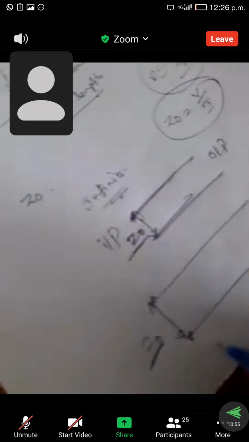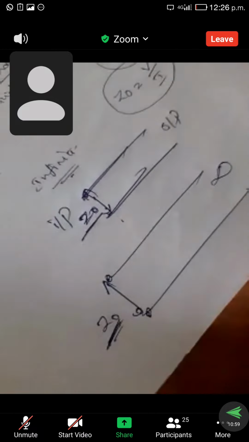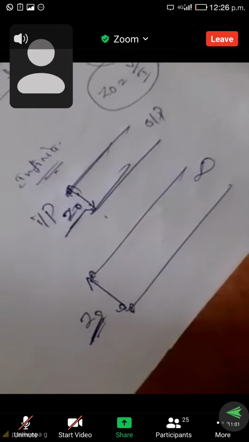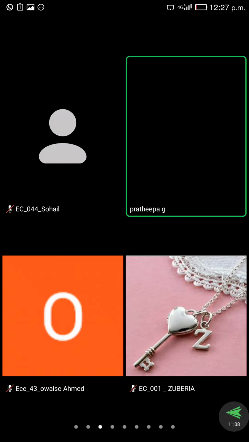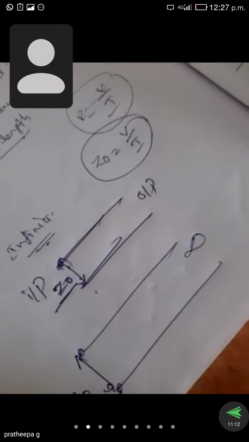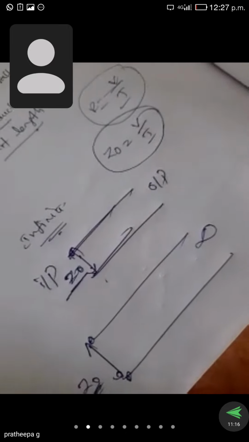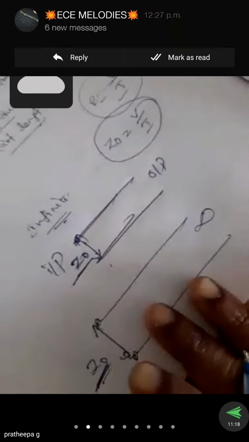So clear? Definition: characteristic impedance Z0. Write down the definitions when I say them, then you can easily remember.